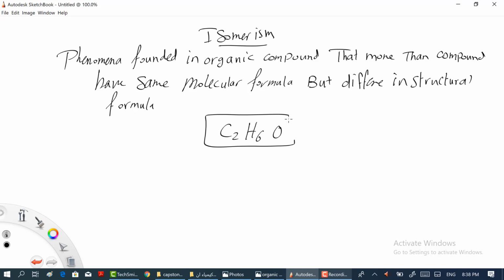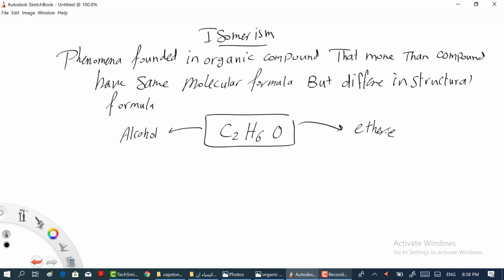C2H6O makes two compounds. One is called alcohol and the other is called ether. They differ according to the functional group that we will talk about inshallah in the next lecture.